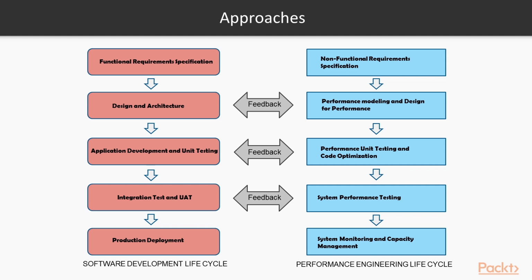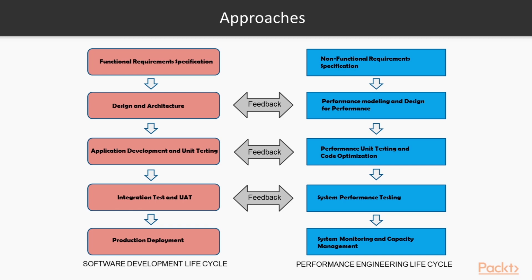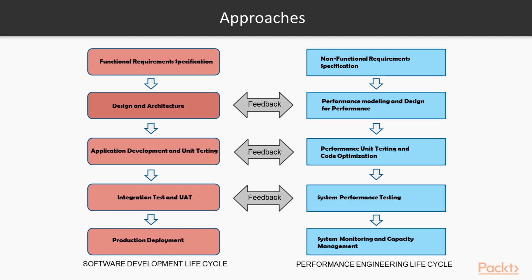There is a specific performance engineering lifecycle, PELC, that parallels the steps in the SDLC. At every step, starting from the design and architecture all the way to deployment, feedback between both the life cycles is used to iteratively improve the software quality.